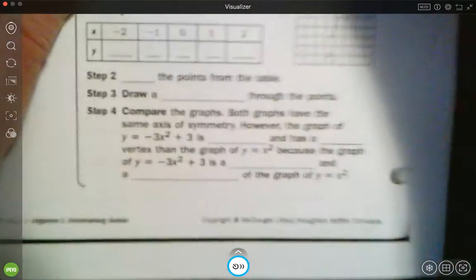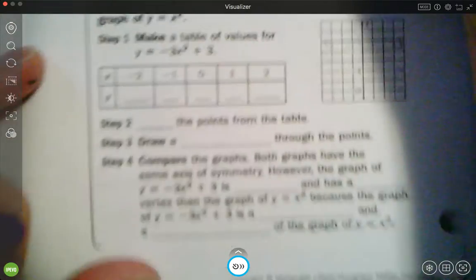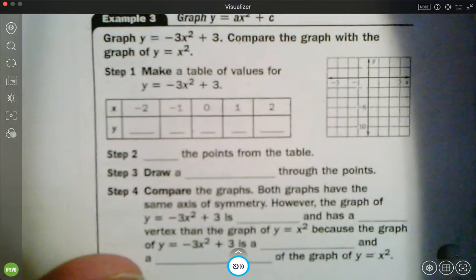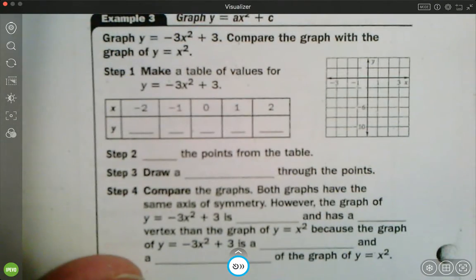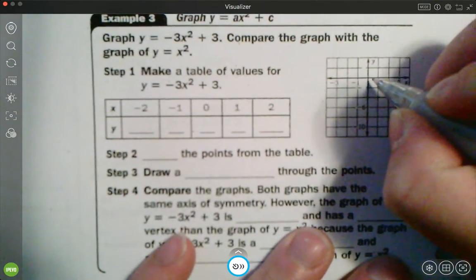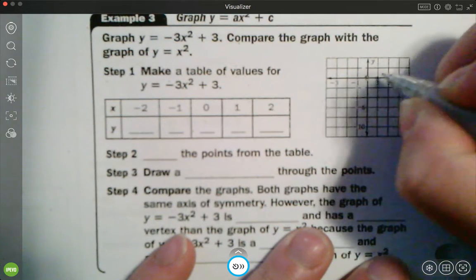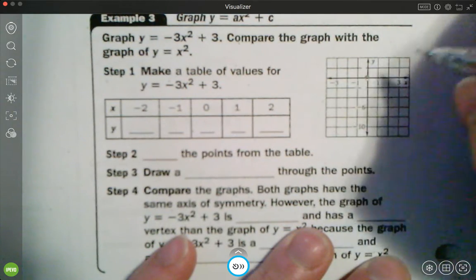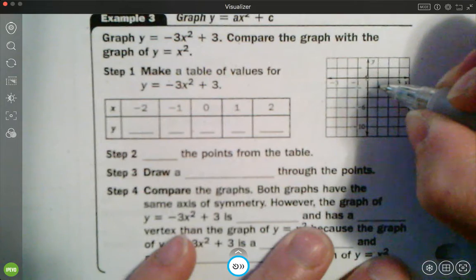All right, example 3. Let's graph y equals negative 3x squared plus 3. All right, we can do this. So let's quickly throw in y equals x squared to compare our parent function, (0, 0). I think this is going by ones.